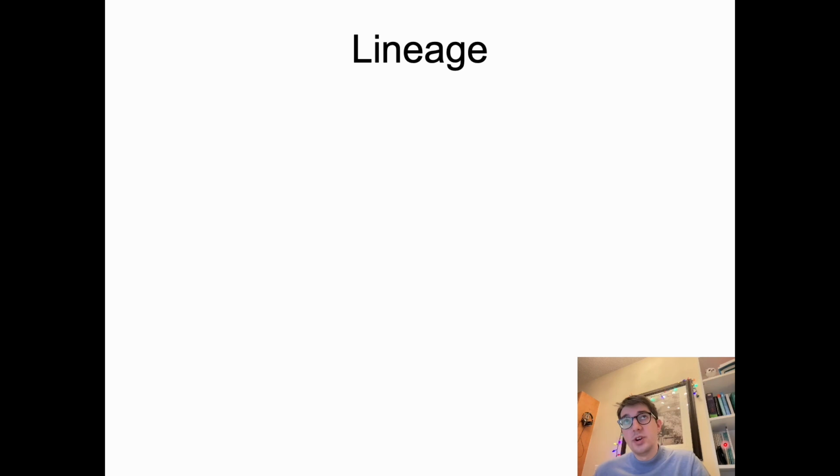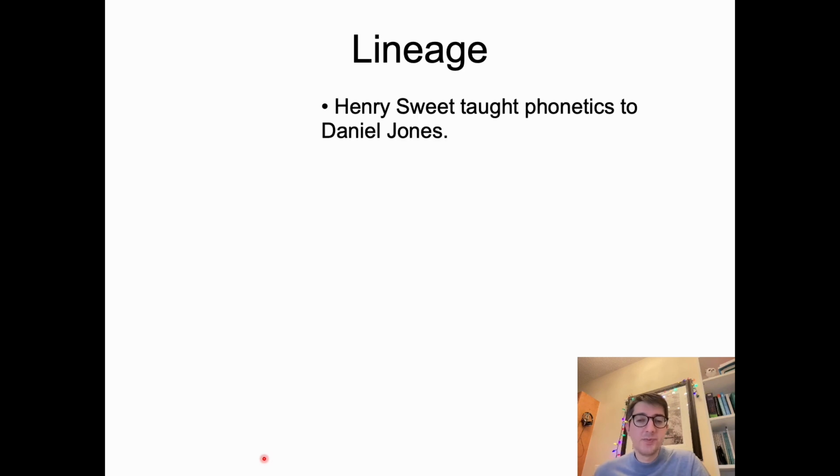So in case you're worried about whether you're going to master cardinal vowels, I'm going to give you a bit of phonetic history. So Henry Sweet was a phonetician who taught phonetics to Daniel Jones. He was one of the pioneers of linguistics and phonetics as sciences. Professor Henry Higgins, in George Bernard Shaw's play Pygmalion, was inspired by Henry Sweet, by this person here, who did not like the play, by the way, for some reason.